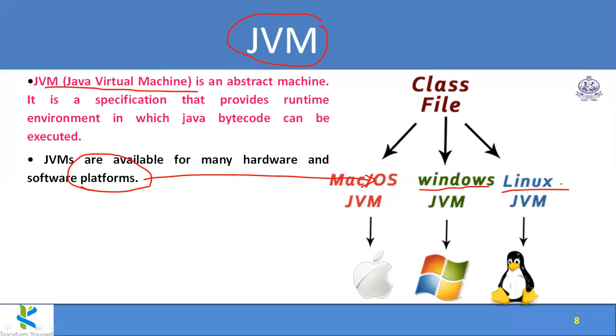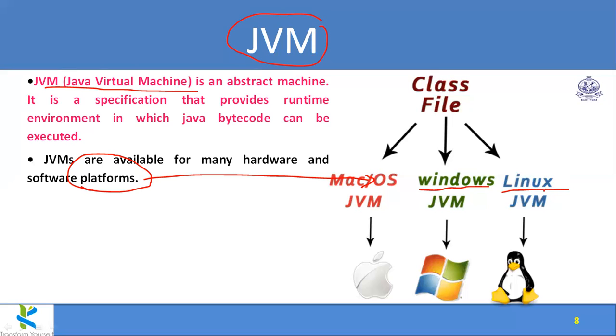No need to install a separate JDK for Linux, Windows, or Mac OS. Okay, the same software, the same Java compiler we have to install. But for C and C++, for the Windows version there is a separate C compiler. For Linux, a separate C compiler, GCC.